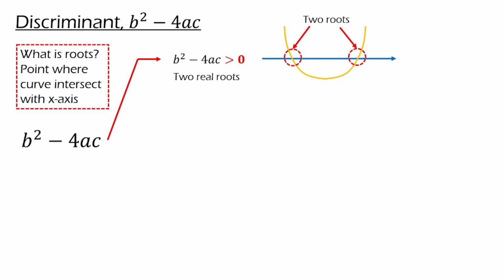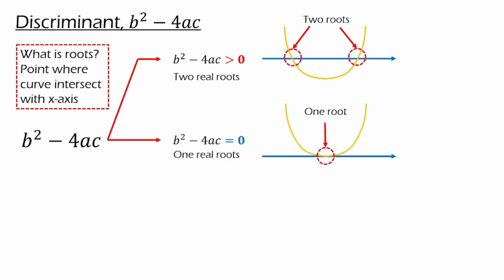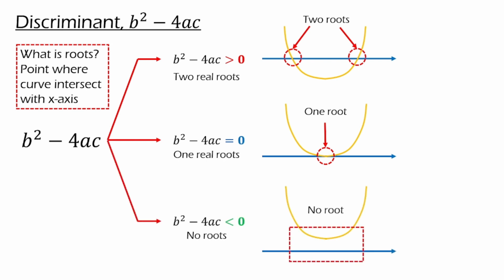As you can see in the figure, the curve intersects the x-axis at 2 points. If our b squared minus 4ac is equal to 0, we will only intersect at 1 point. Finally, if our b squared minus 4ac is less than 0, since it will not result in any answer, our curve will not intersect the x-axis.